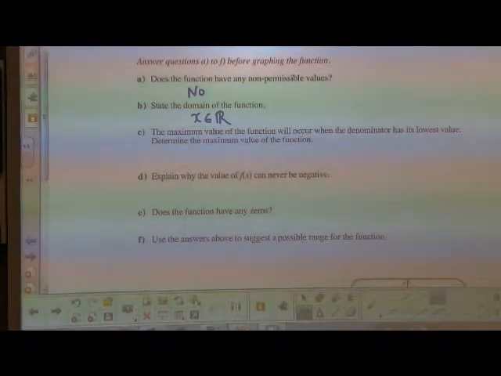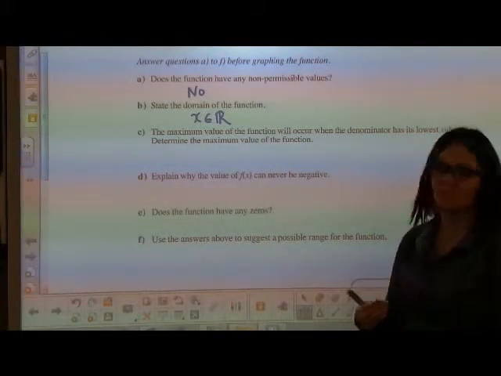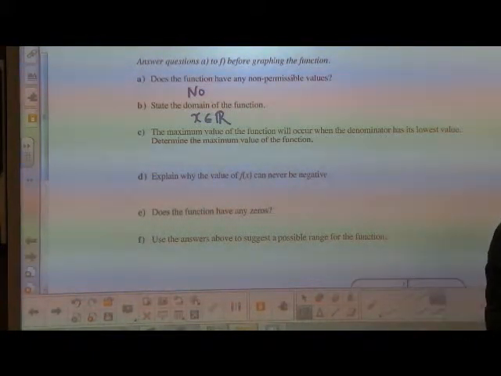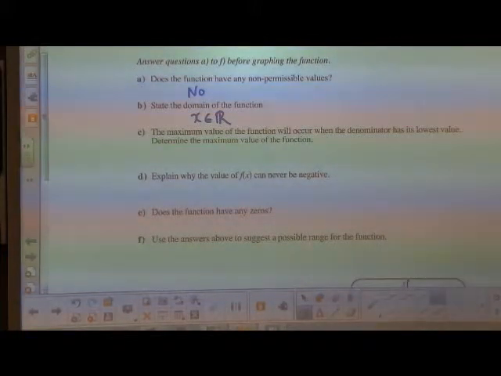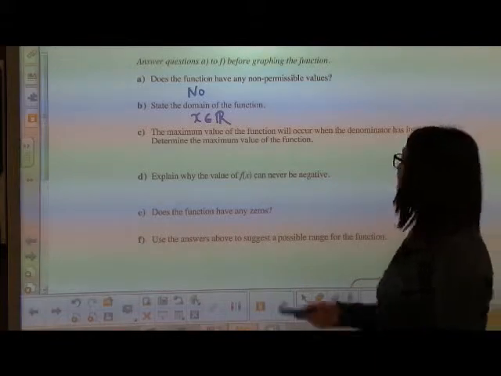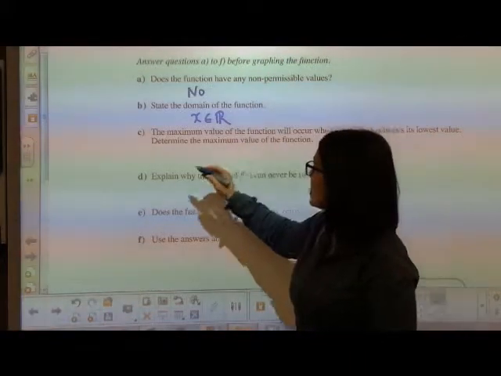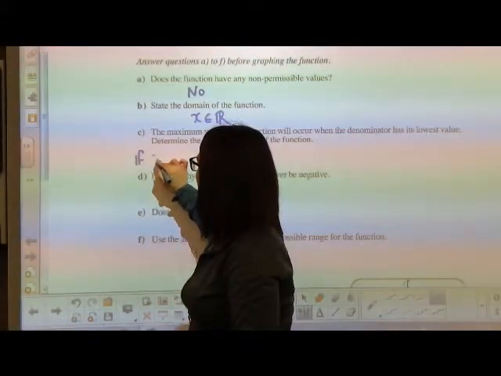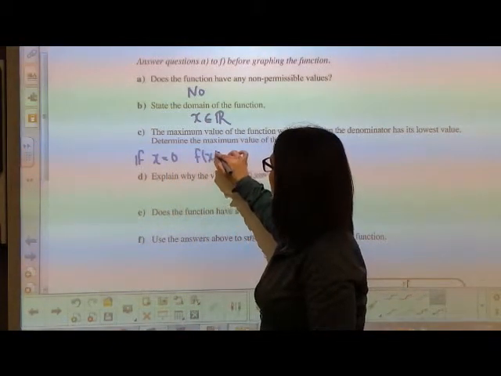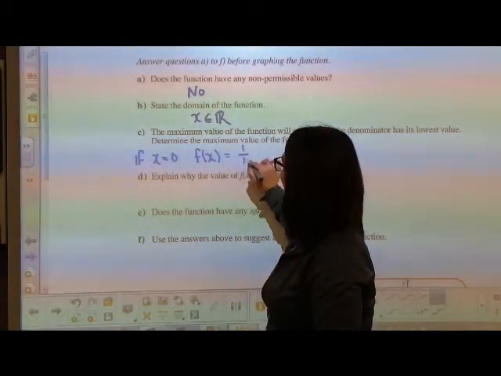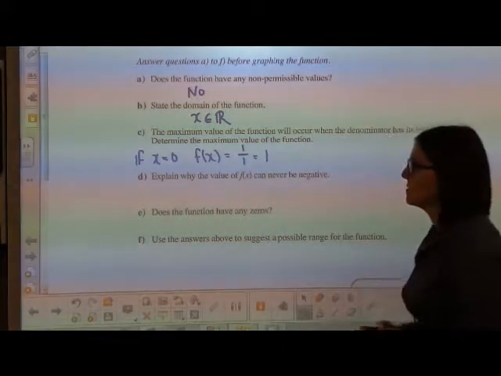Now it says the maximum value of the function will occur when the denominator has its lowest value. So what will be the maximum value of this equation? Well, if x equals 0, f of x will equal 1 over 1, or just 1.